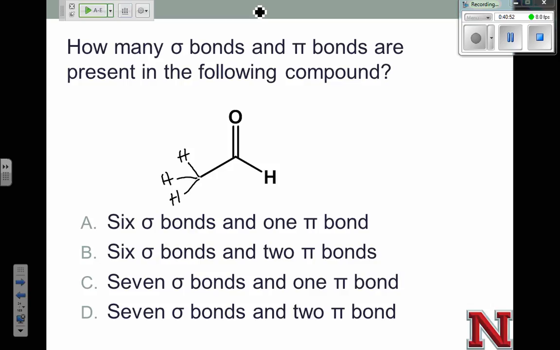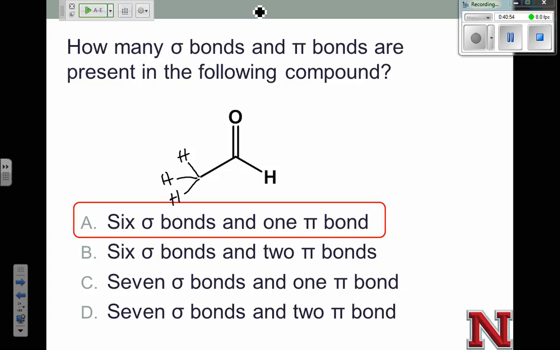We have 6. And how many pi bonds? 1. So if we show there's just 2 bonds, we recognize as chemists that one of those bonds is sigma and the other bond is pi. But they're not drawn any differently when we draw them in our normal skeletal structure.